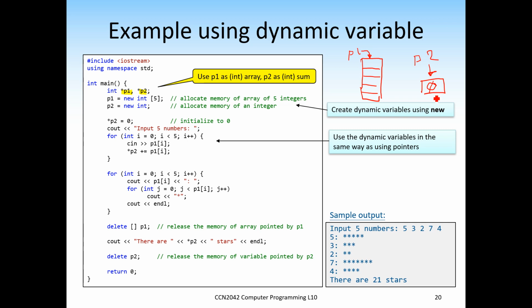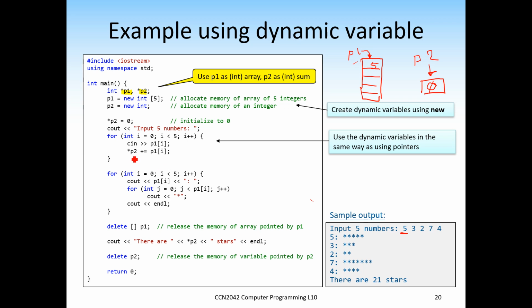And then now we input each one of them from 0 to smaller than 5. The first one, when we input 5, we store 5 here. And then the next line, star P2 plus equals P square I. The very first time we input 5, so P1 square I means 5.